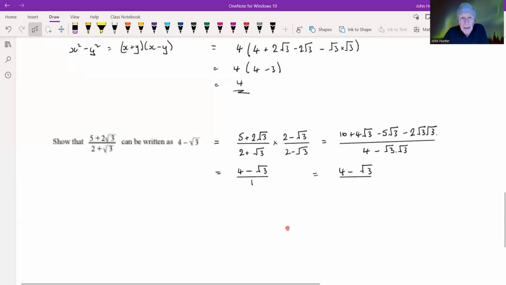Numbers of the form a plus or minus b root c, and that root could be a square root or a cube root or whatever. So that's it. And in order to solve these, we use the ideas of conjugates, bus shelters, and so on. Okay, there are more worked examples on this, but hopefully that's given you the idea.